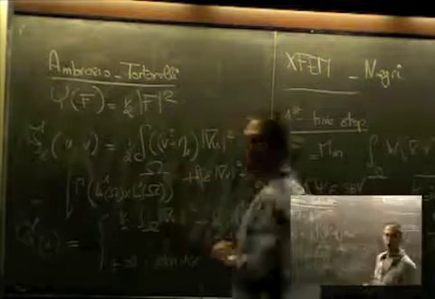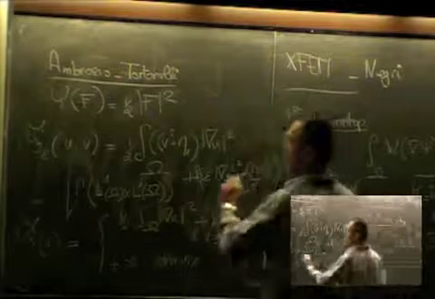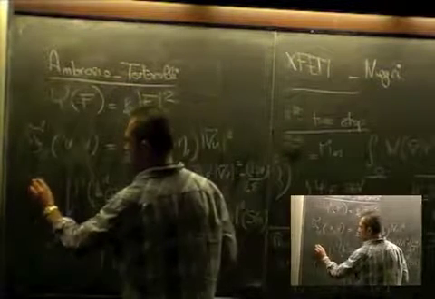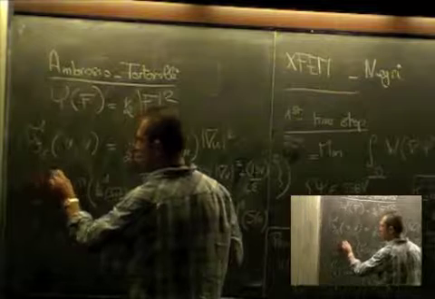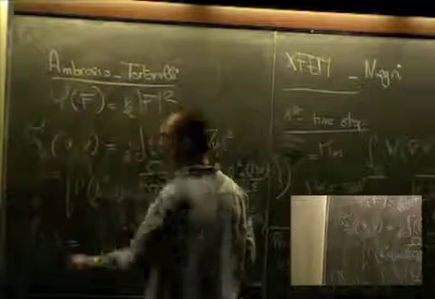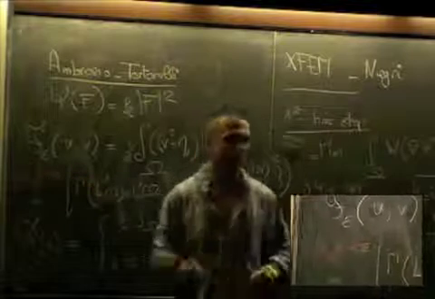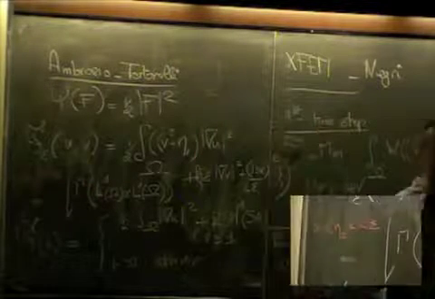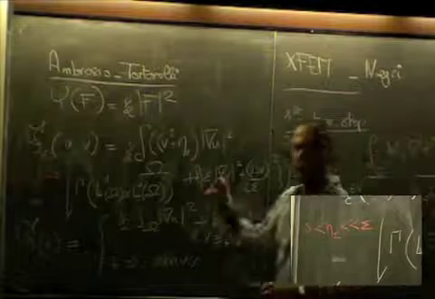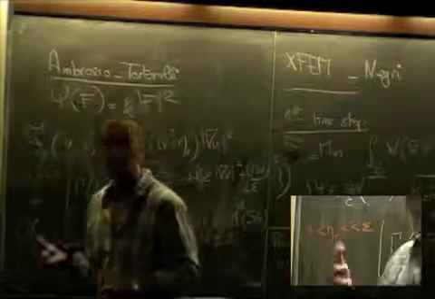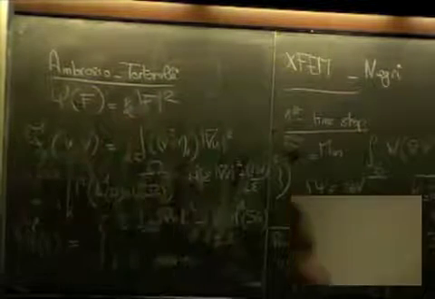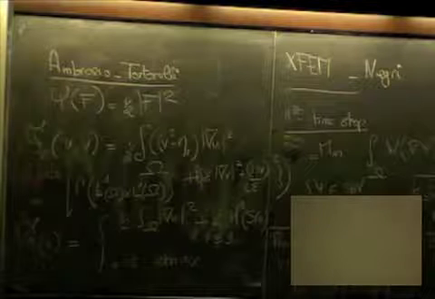Eta epsilon, I haven't told you what it is. Eta epsilon here must be something which is positive but small with respect to epsilon. When I write small like this, I mean that it goes faster to 0 than epsilon. So eta epsilon over epsilon goes to 0 as epsilon goes to 0.